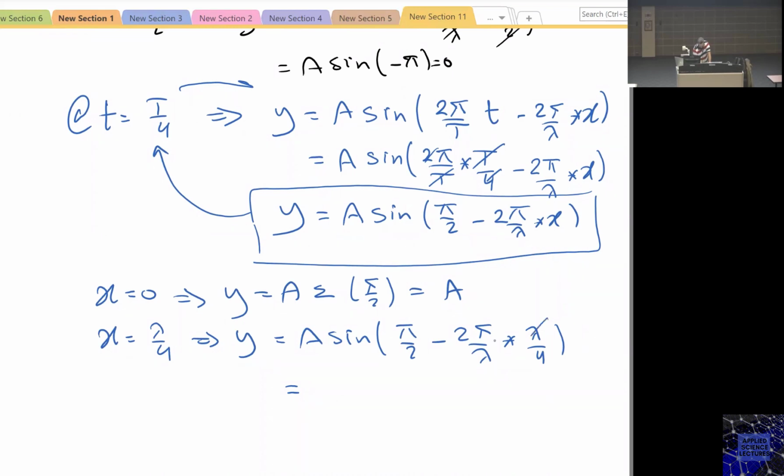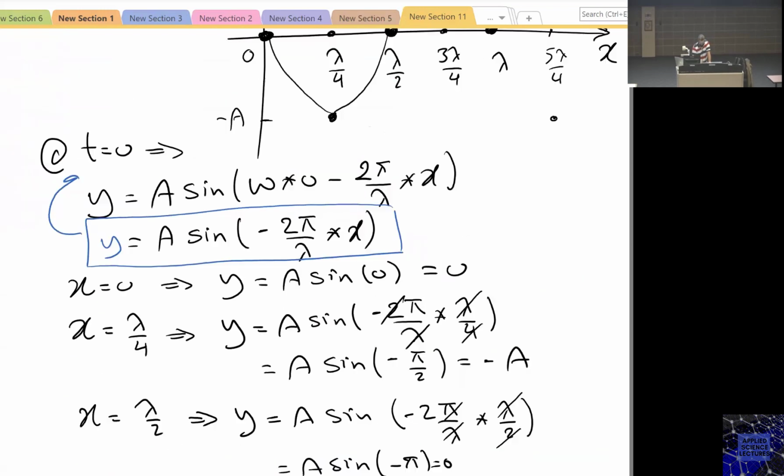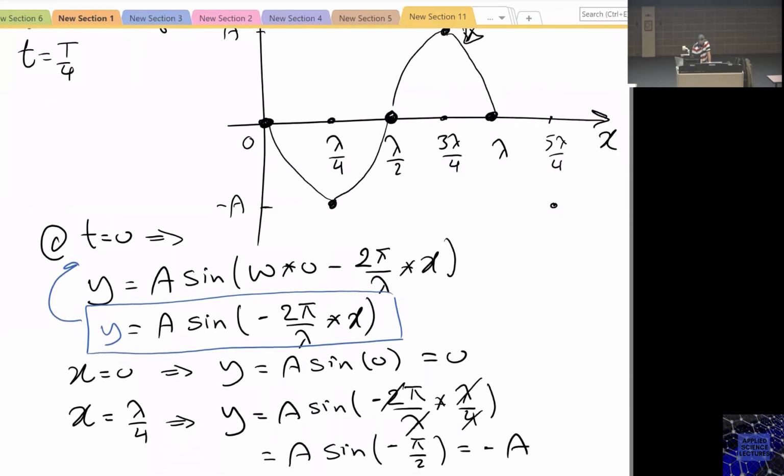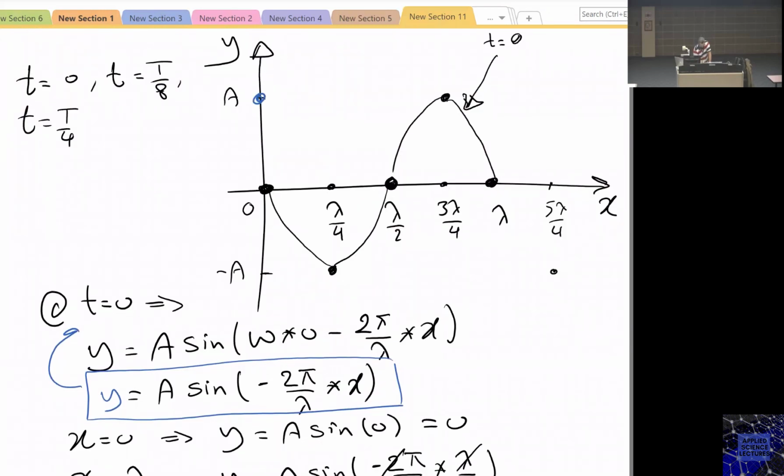This equals A sine pi over 2 minus pi over 2, equals 0. Then the next point. So the first point was A at x equals 0. At x equals lambda over 4, it was 0. Now, if I continue solving for the remaining points, at lambda over 2, it would be minus A. At 3 lambda over 4, it will be 0.